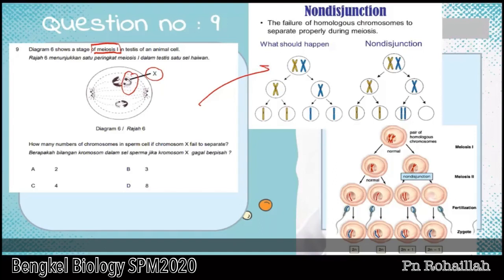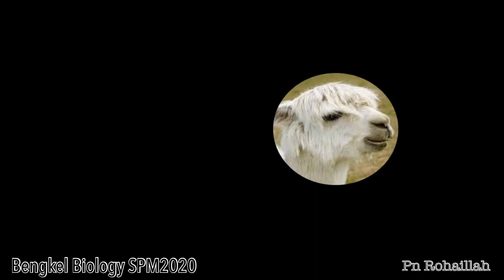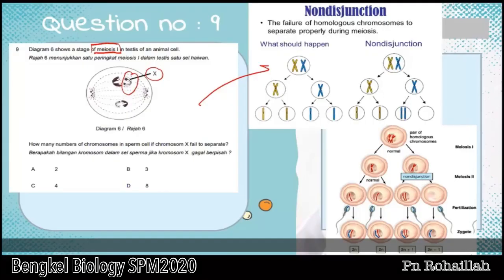For non-disjunction, we can see that supposedly this happens. This is what should happen. But non-disjunction happens during the splitting of the cell.